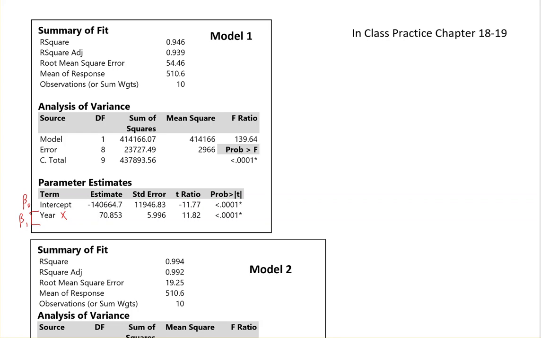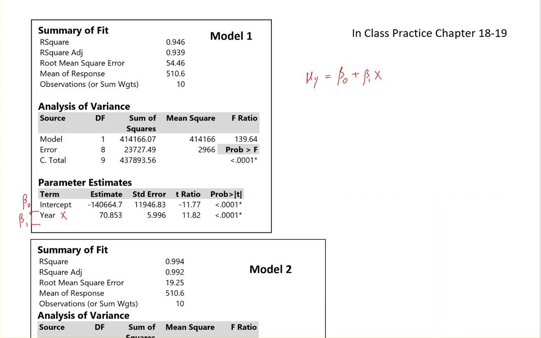So what is the population model for Model 1? Since we only have one explanatory variable, it is mu y equals beta 0 plus beta 1 x. So this is the population model.